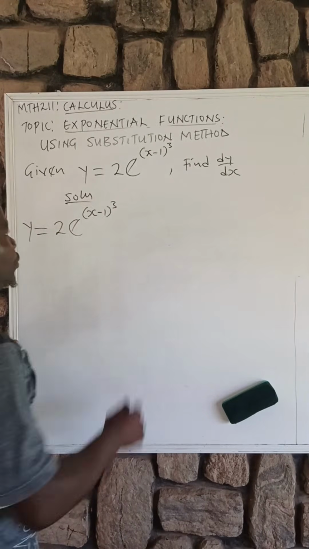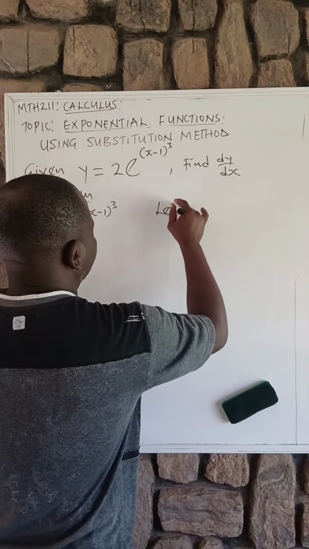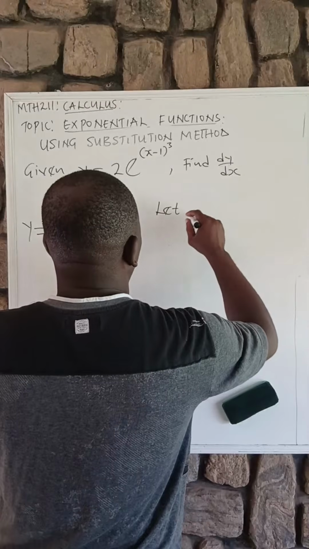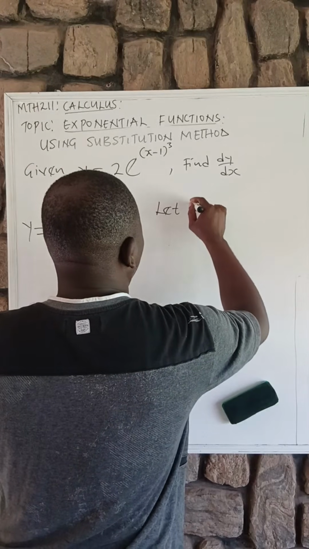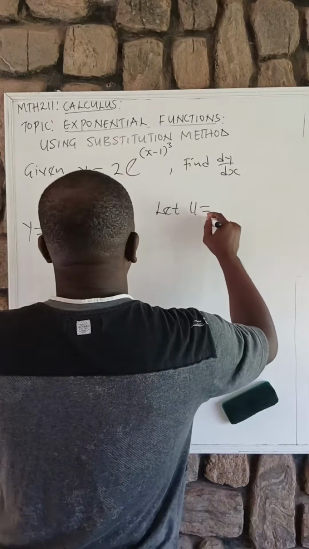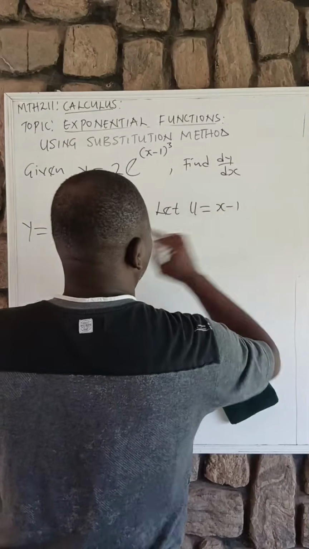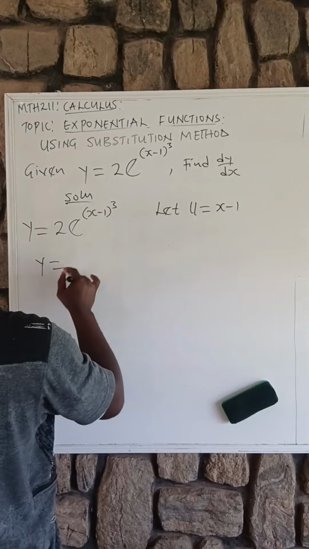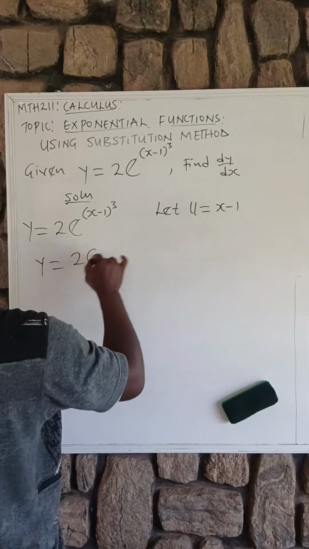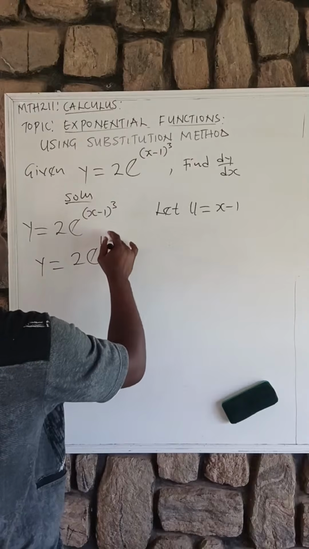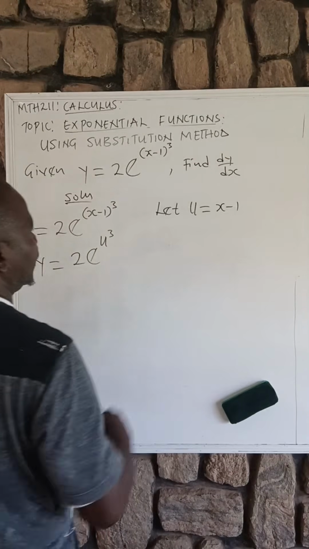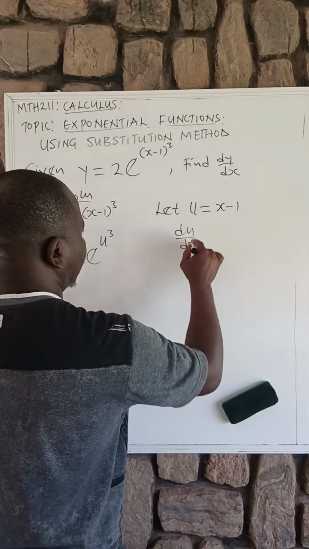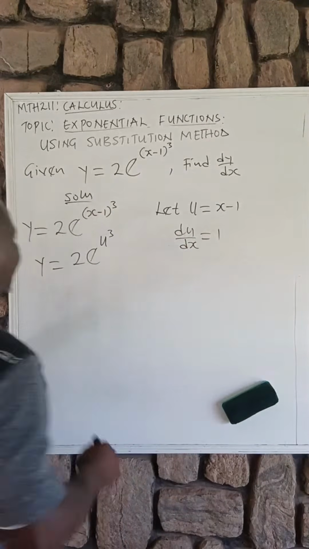What are we going to do? We now say let u be equal to x minus 1. Then y will be equal to 2 exponential u raised to the power of 3, right? So let's differentiate: du over dx is equal to 1.